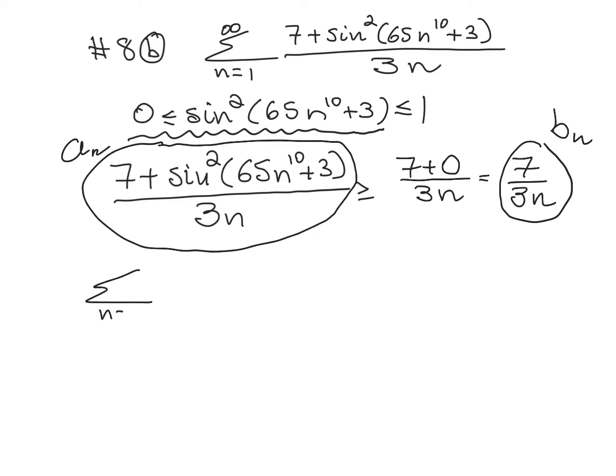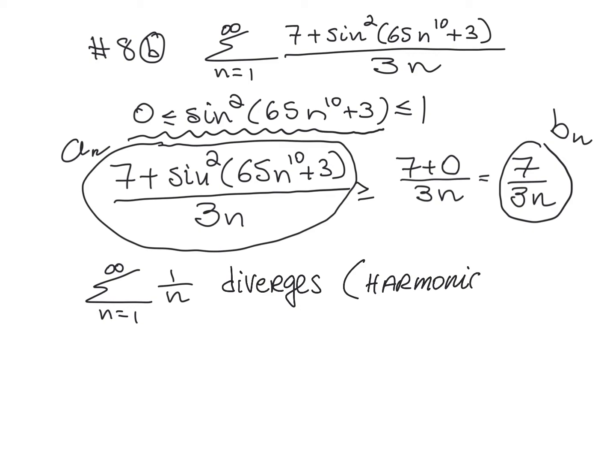All we have to do is show that the b sub n series diverges, and we're going to do it by just showing that 1 over n diverges. There's really nothing to show if we recognize this is the harmonic series, which we know diverges.